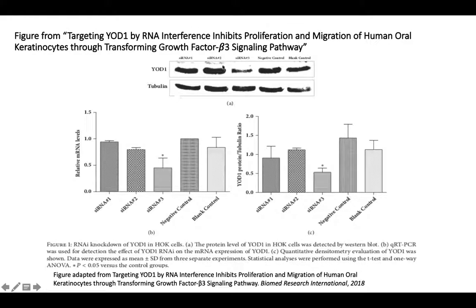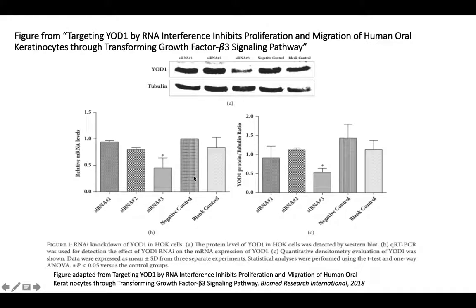Western blotting was used to determine the protein levels as shown right here in A. Overall, the data just shows that for siRNA number 3, there is a reduced amount of mRNA and protein levels. So as you can see, it's more faint compared to the others. And here, the level of mRNA is significantly reduced compared to the others.